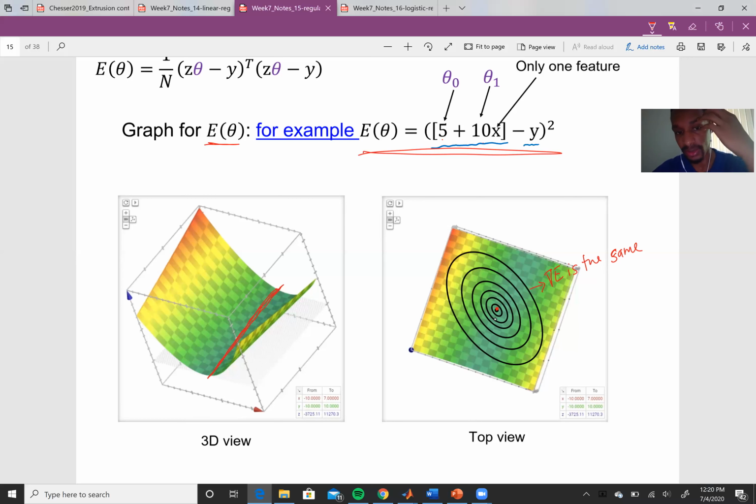I still don't... if you're still looking at the colors, well, again, this might not be accurate contour lines, but that's the idea: there are some contour lines where the gradient is the same.